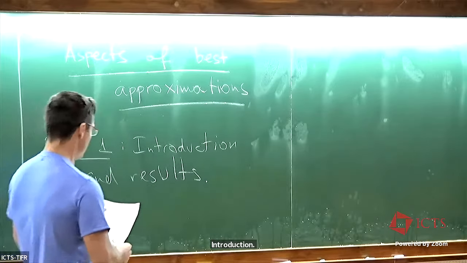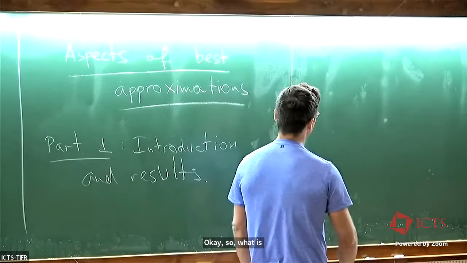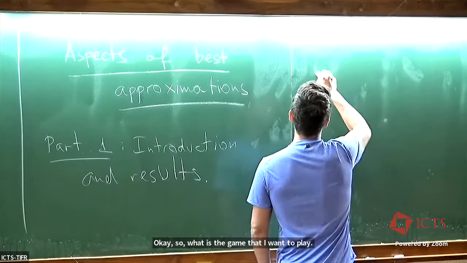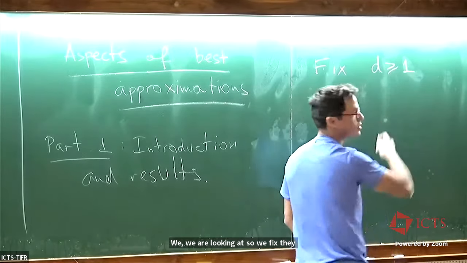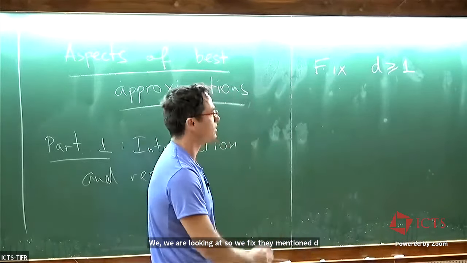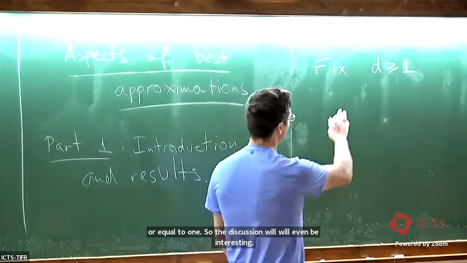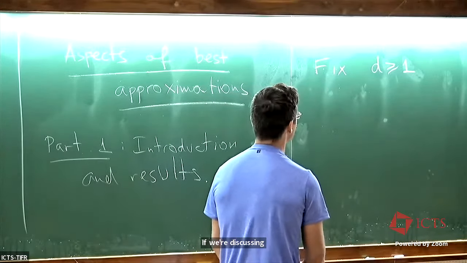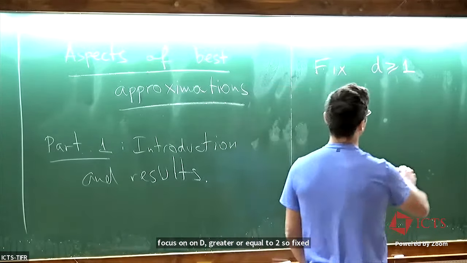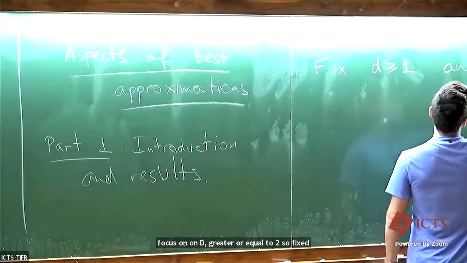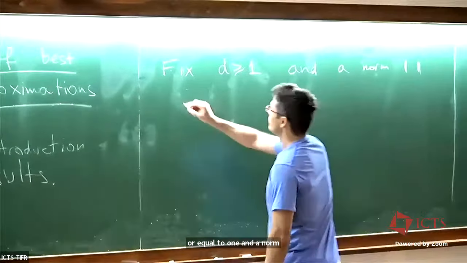Okay, so what is the game that I want to play? We fix a dimension d greater or equal to 1. The discussion will even be interesting if we're discussing numbers in R, but I will mainly focus on d greater or equal to 2. So fix d greater or equal to 1 and a norm on R^d.